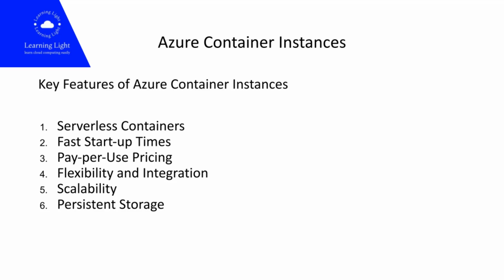Azure Container Instances supports both Linux and Windows containers, providing flexibility to run a wide range of applications. It also integrates seamlessly with other Azure services such as Azure Virtual Network, Azure Kubernetes Service, and Azure Functions, allowing for more complex and scalable architectures.